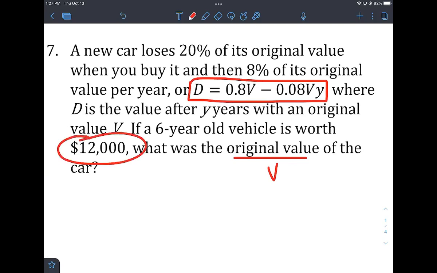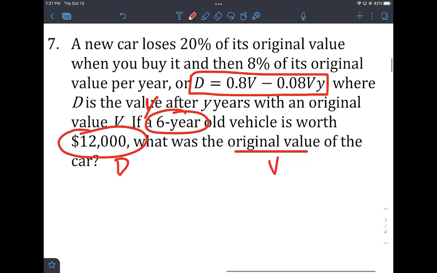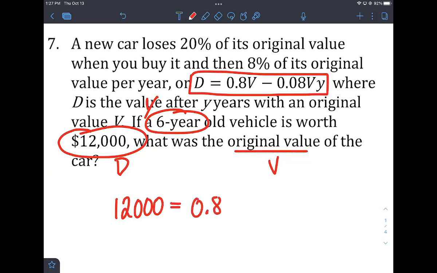That's what its value is after the depreciation, right? So that'll be our D. And what are we plugging in 6 for? For the Y, for the years. Okay. So 12,000 equals 0.8 V minus 0.08 V times 6.